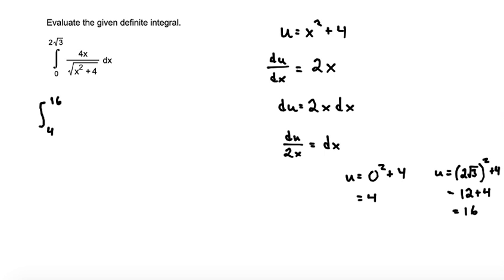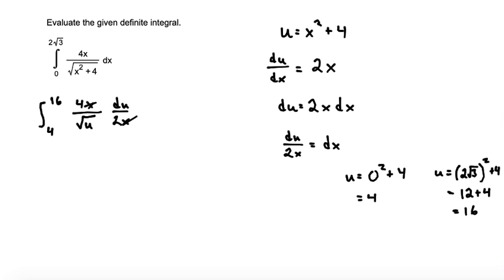And then we'll leave the 4x there, divide by the square root of the x squared plus 4, which we're going to put in as u, and then substitute du over 2x for dx. So the x's will now cancel here and here.